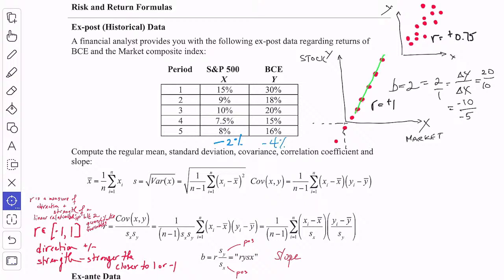So the slope is the line, the line is that which fits closest to all of the data, and it's the result of minimizing the squared residuals, and it puts you right in there. So B could be 2 here as well, because I want to be closest to all the points. It could be.